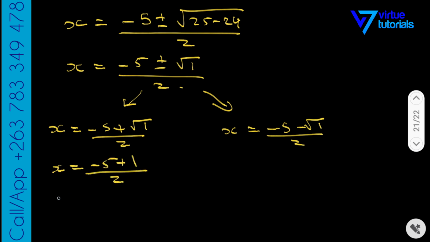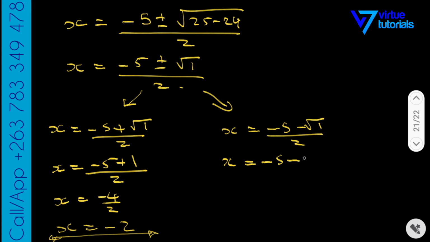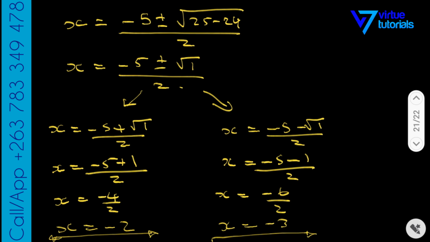So minus 5 plus 1, that's minus 4, which is equal to minus 4 over 2. So x is equal to minus 2. That's my first answer. Or I can proceed from there. X is equal to minus 5, square root of 1 is 1, minus 1 over 2. So x is equal to minus 6 over 2. So x is equal to minus 3. So those are my two solutions there. X is equal to minus 2 or x is equal to minus 3.